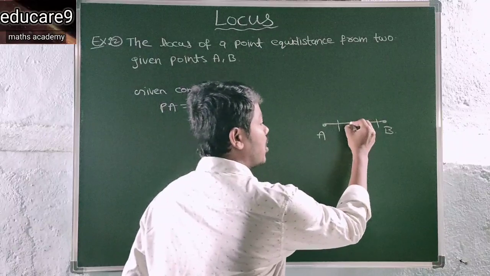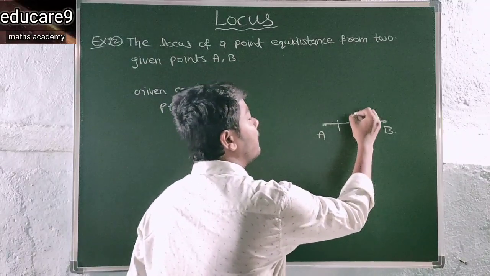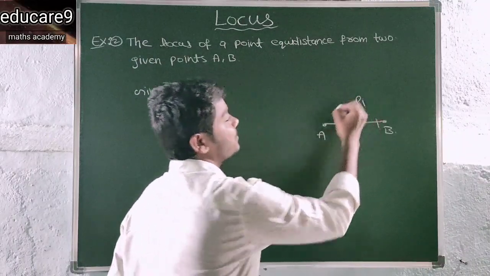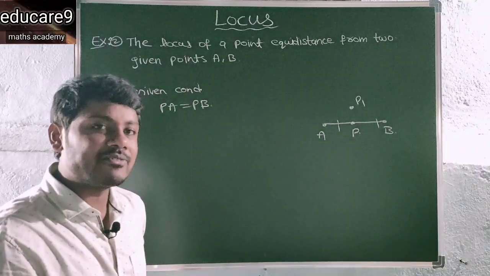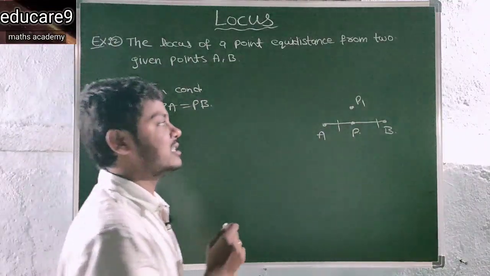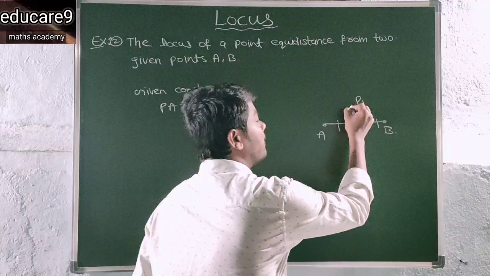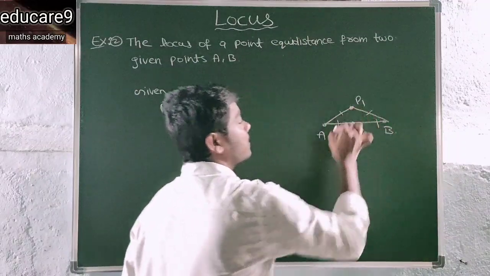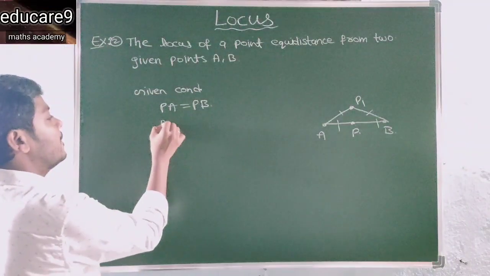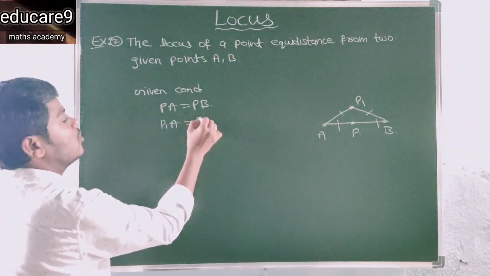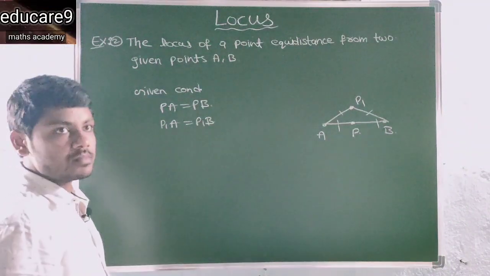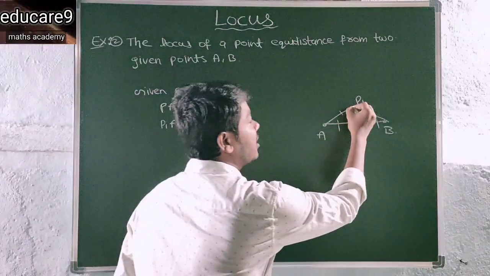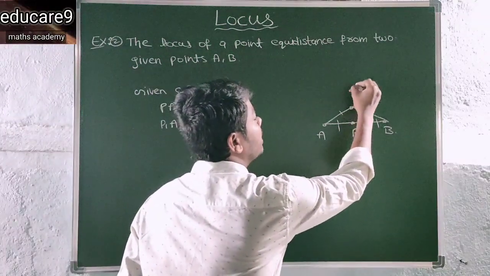For example, this point P moved from P to P1, and that P1 satisfies the given geometrical condition. That is, the distance from P1 to A is equal to P1 to B. Okay. So P1A is equal to P1B. And again that point P1 moved from P1 to P2.